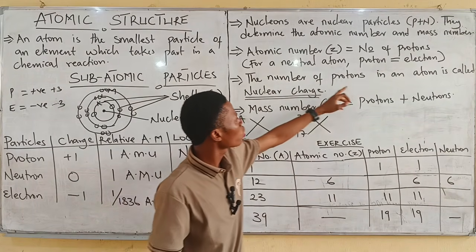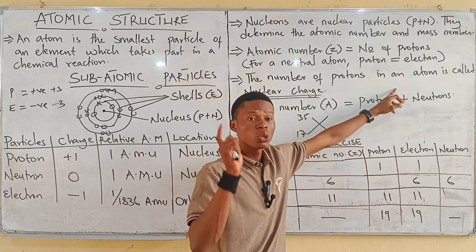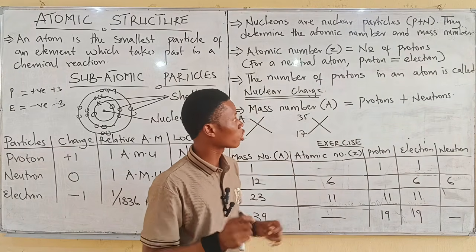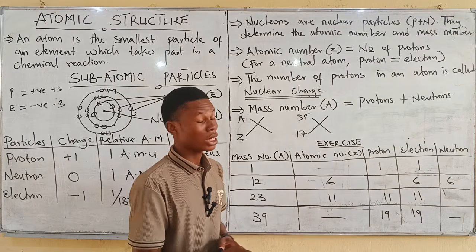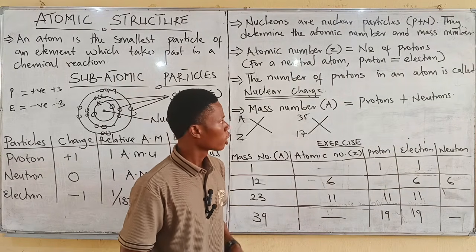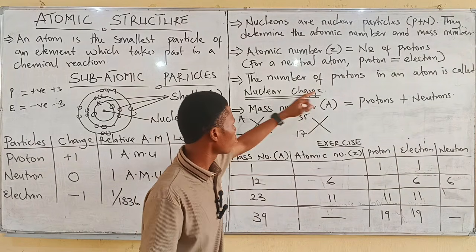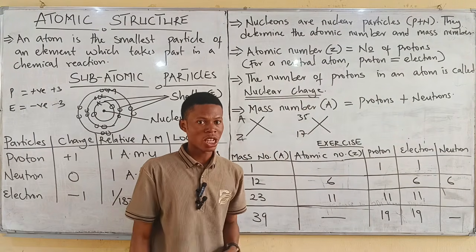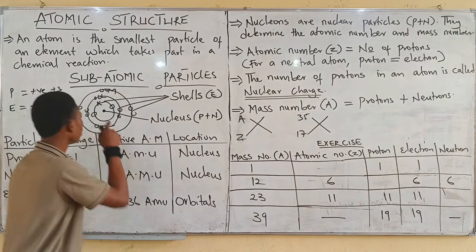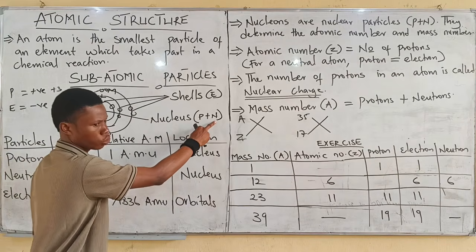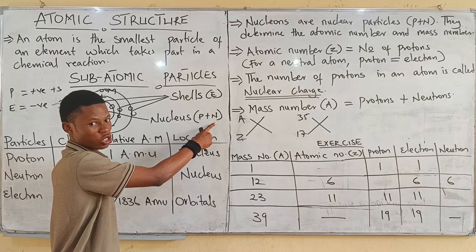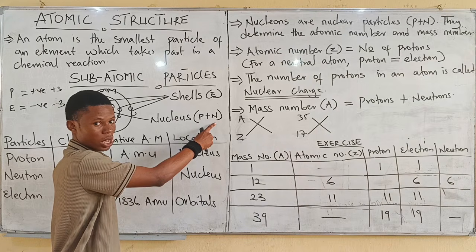Now, the number of protons in an atom is the atomic number. But also take note that the number of protons in an atom is called the nuclear charge. Why is it called the nuclear charge? In the nucleus, we have proton and neutron. Proton is positively charged. Neutron does not have charge.